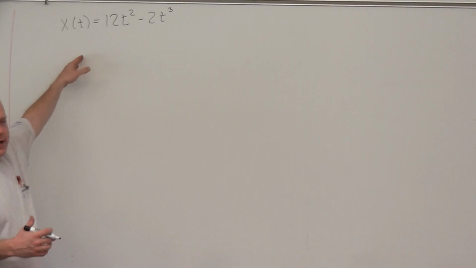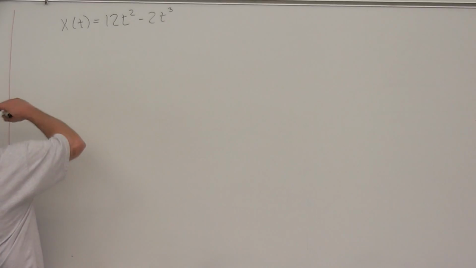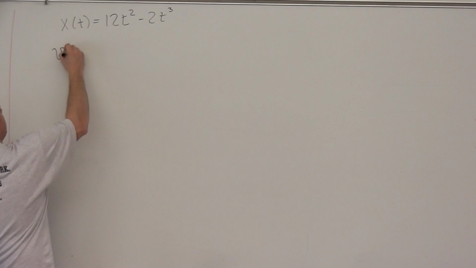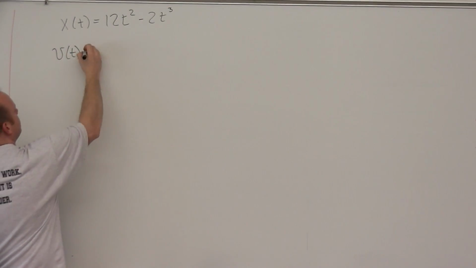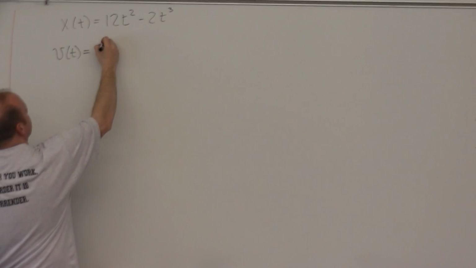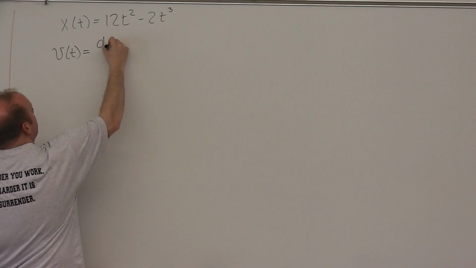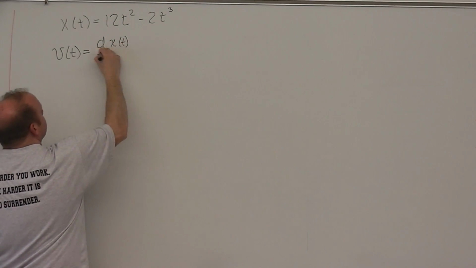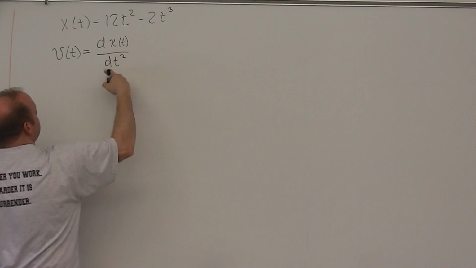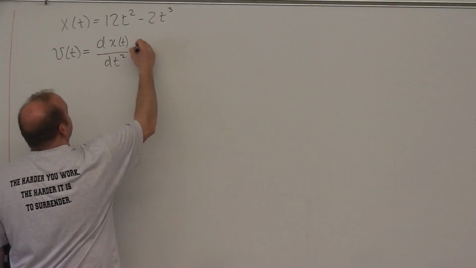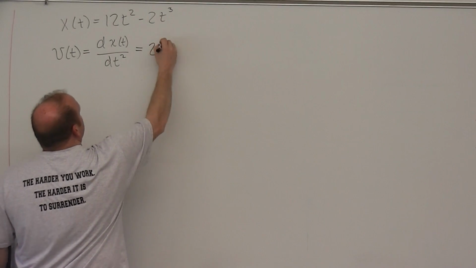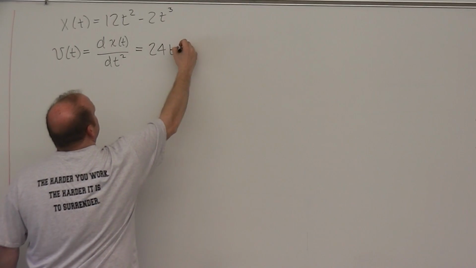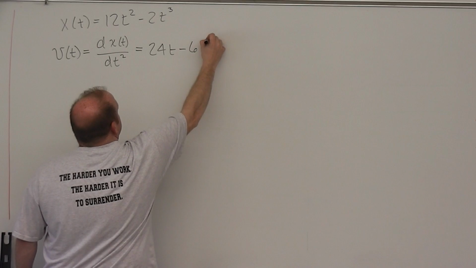So I need to take the derivative of position. So I know that velocity as a function of time, my instantaneous velocity, will equal the derivative of position as a function of time, dx/dt. Okay. So now, the derivative of this is equal to 24t minus 6t squared.